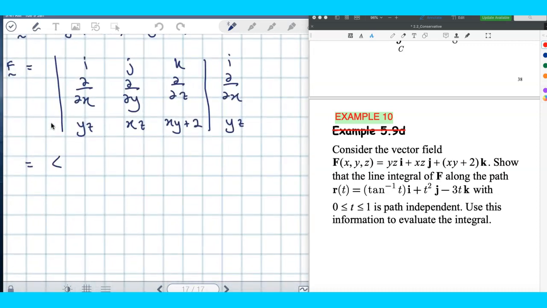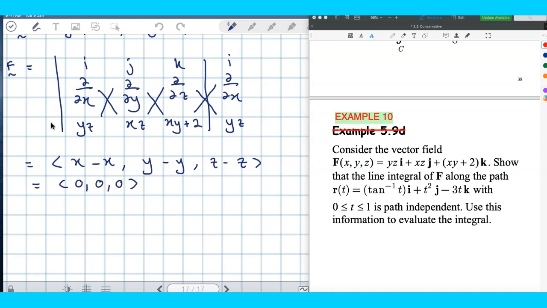Now for the i, j, k, you have x and then x. For component j, you have y minus y. And for component k, you have z minus z. And you will get 0, 0, 0.